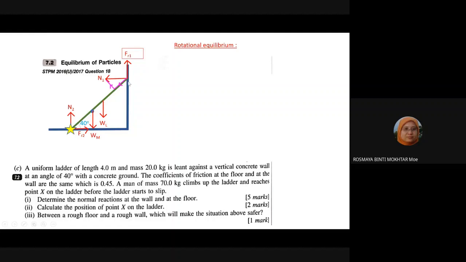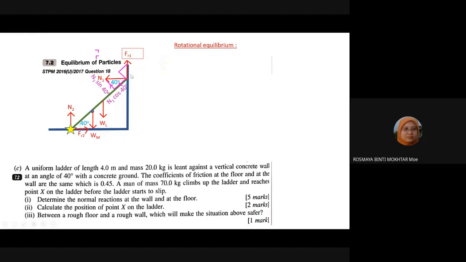The X is along the ladder and the Y vertical component will be perpendicular to the ladder. So the N1 component will be N1 cos 40 degrees horizontally and N1 sine 40 degrees vertically. The 40 degrees here and here is the same because they are alternate angles.